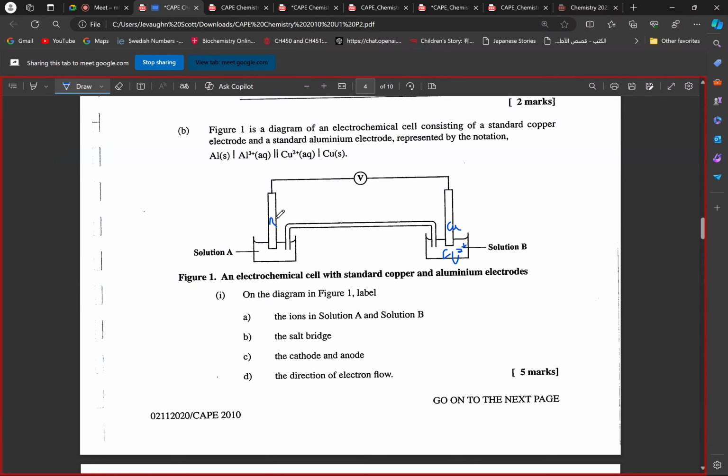Because generally we like to be in the ABC format, anode before cathode. So Al, 3 plus. In that case, this is our cathode, and this is our anode.